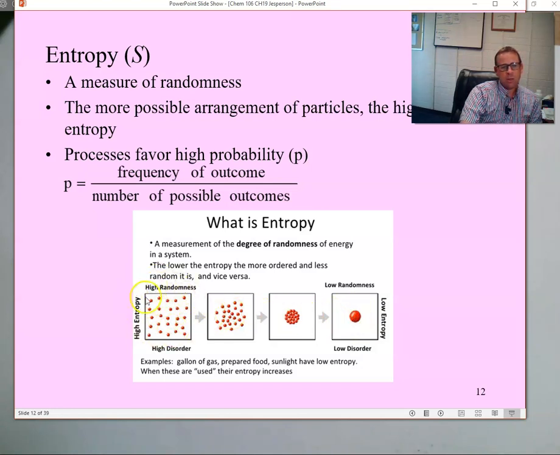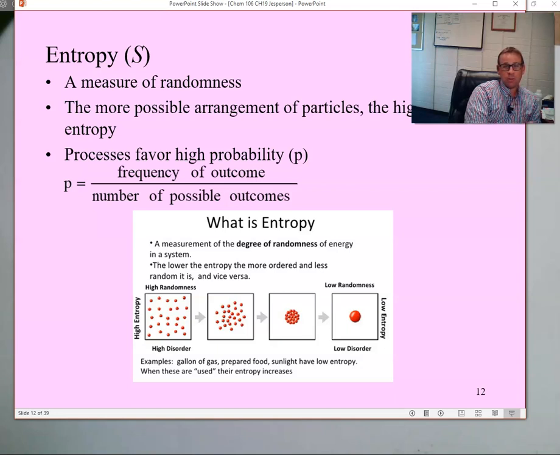When we move over here, lots of randomness, lots of disorder, lots of ways that you can make these things move around. Here, if this thing just moves up, right, left, down, you've got a variety of ways that this can move. But here, every one of these has the option of going right, left, up, or down, right? So you have a lot of different degrees in which energy can be released or motion can occur. All right, so entropy is kind of like Kelvin in terms of its measurement.